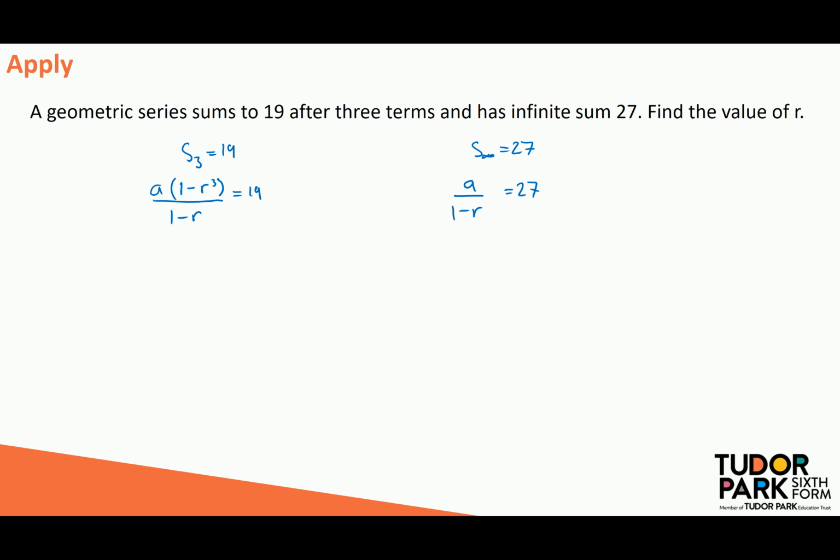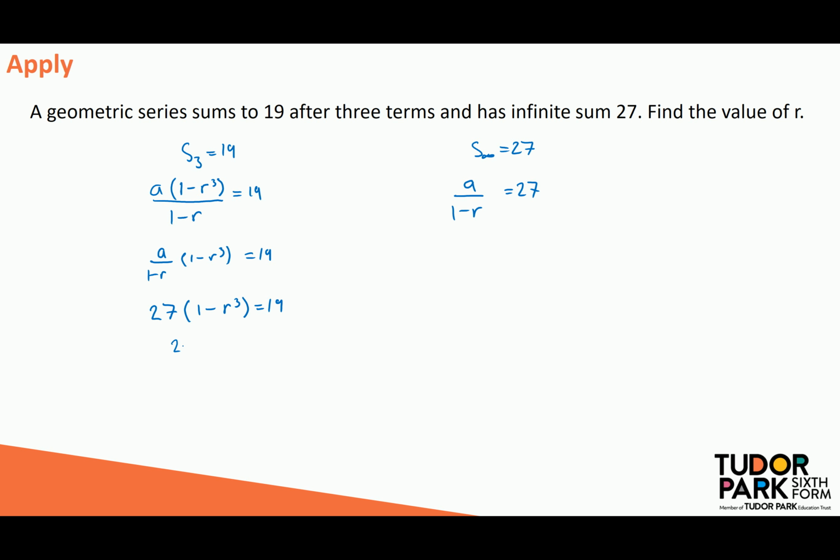I can recognise that I've got a over 1 minus r in both cases. So if I write this out on the left hand side as a over 1 minus r lots of 1 minus r cubed is equal to 19. Hopefully we can see that we're going to make a nice little substitution here, because I already know that a over 1 minus r is 27. So another way of writing this would be to say that this is 27 lots of 1 minus r cubed, which is 19.